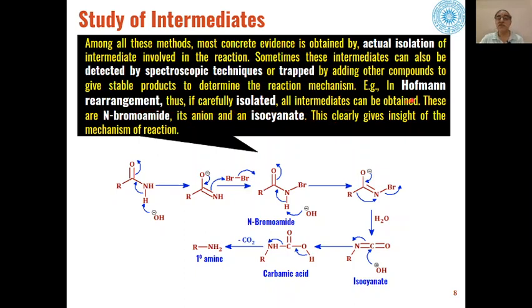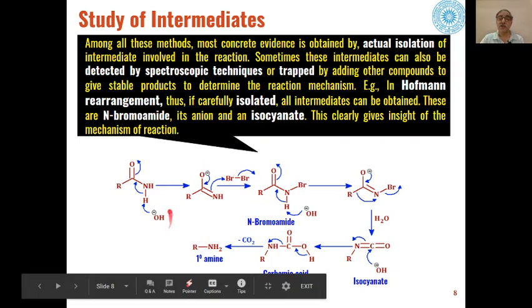One such reaction where the intermediates have actually been isolated is Hofmann rearrangement. We know when amides are reacted under alkaline conditions, then these amides are converted into amines through this mechanism.